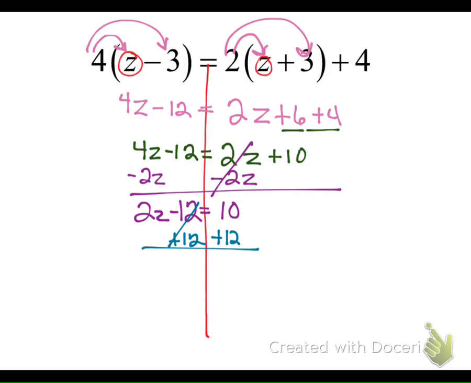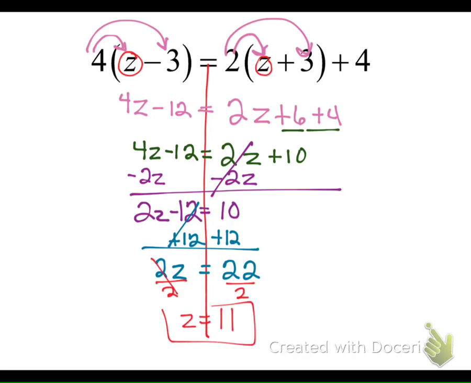You get 22. Then you put the 2z, and then you divide both sides by 2. There you go. So then z equals 11. Perfect. So that's the new lesson, you guys. That's it. That's easy.